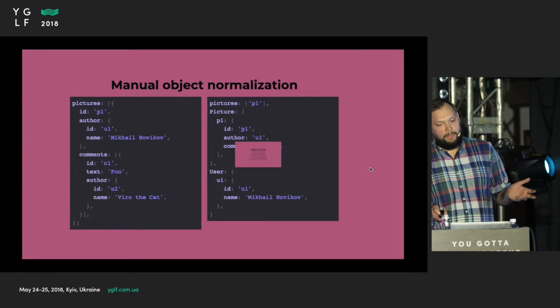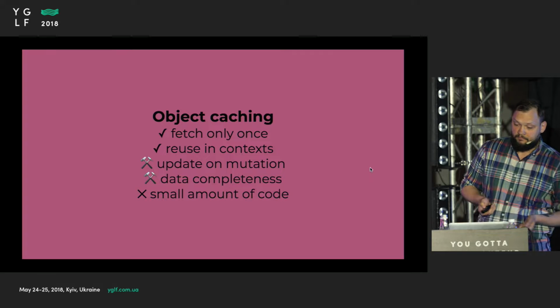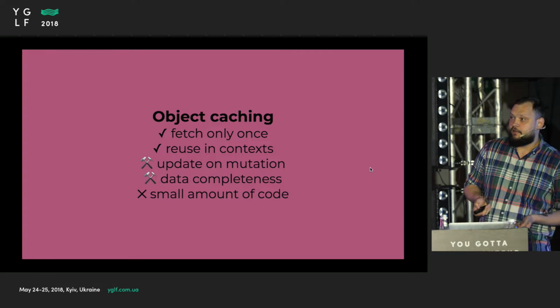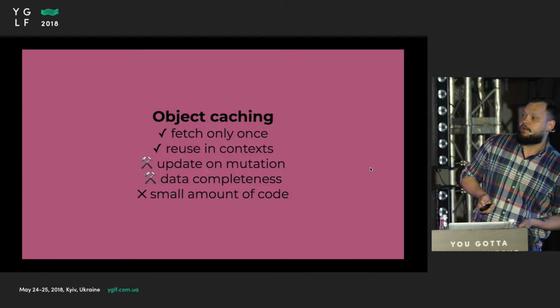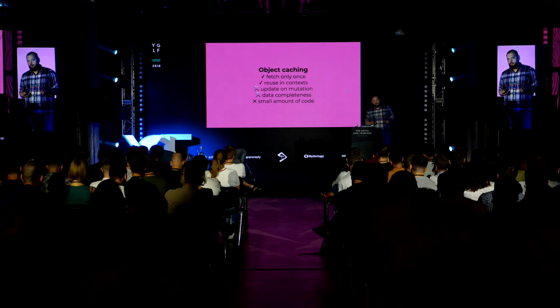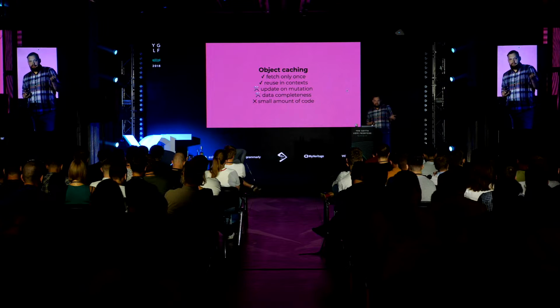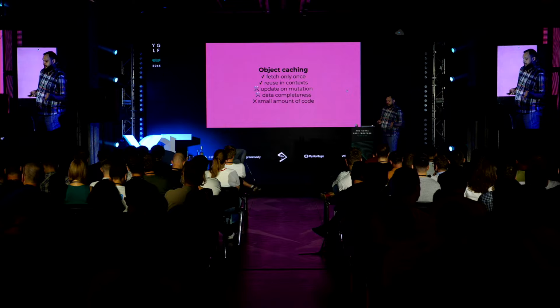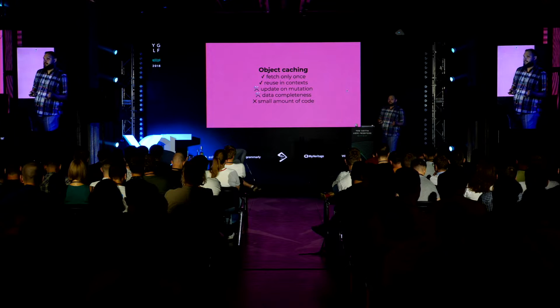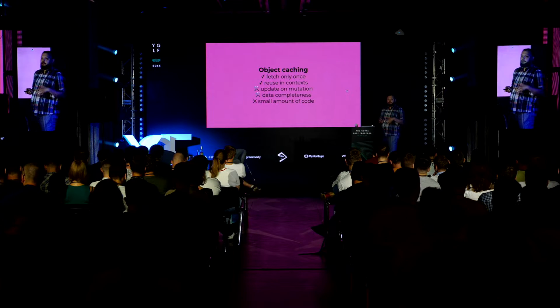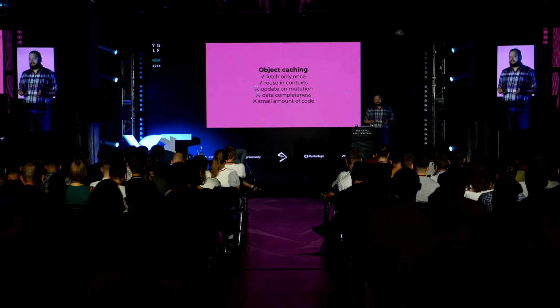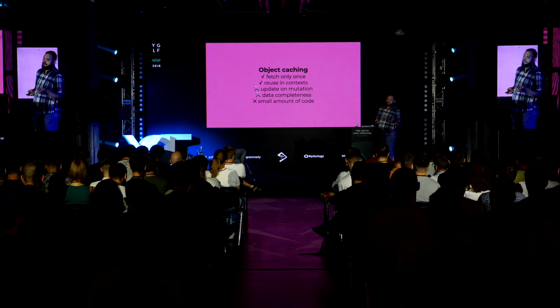So yeah, with object caching, you can fetch only once, because all the views that depend on some objects by ID will not get refetched if they're already there. And you can reuse it in context, because you're no longer bound to the services that are inside your API.